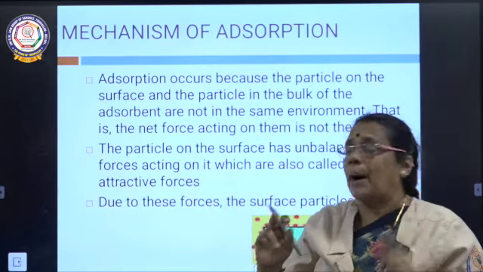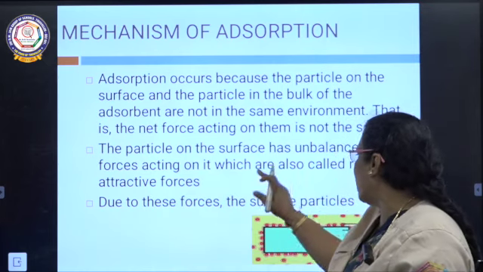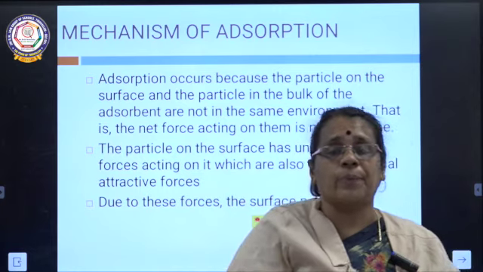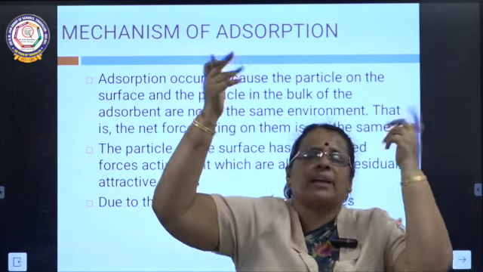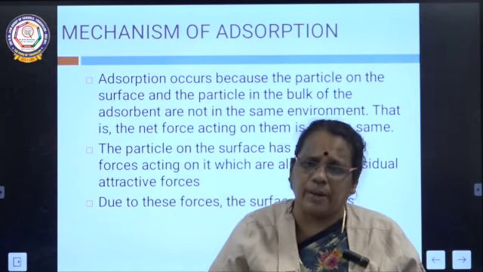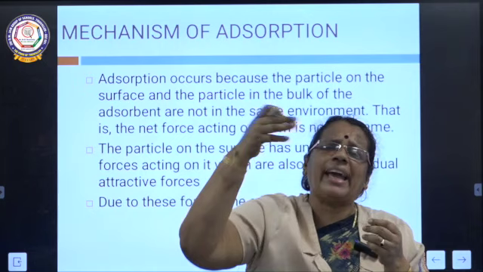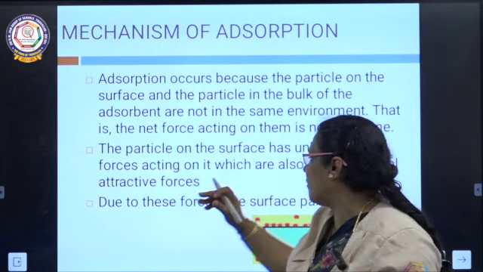Second point, the particle on the surface has unbalanced forces acting on it, which are also called residual attractive forces. At the surface, we cannot expect particles of the same kind as it is exposed outside. Some other atoms also can accumulate. As a result, there is unbalanced force of attraction.